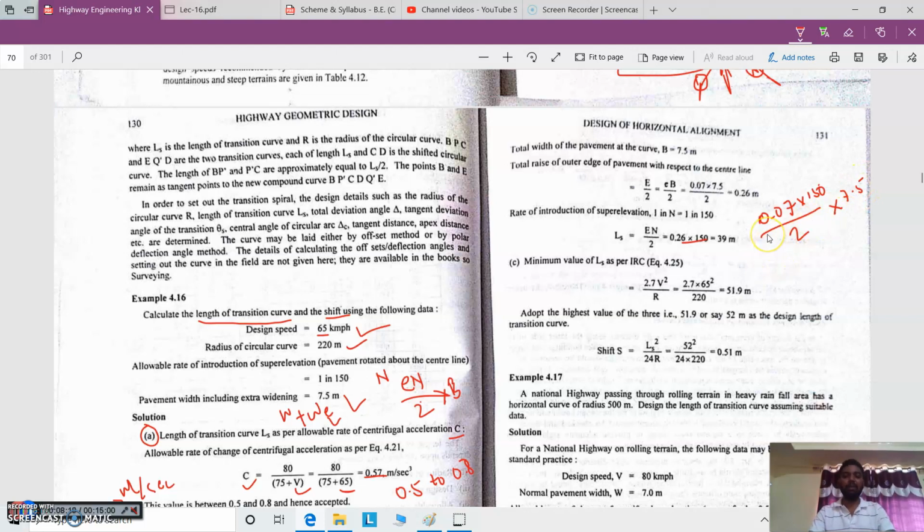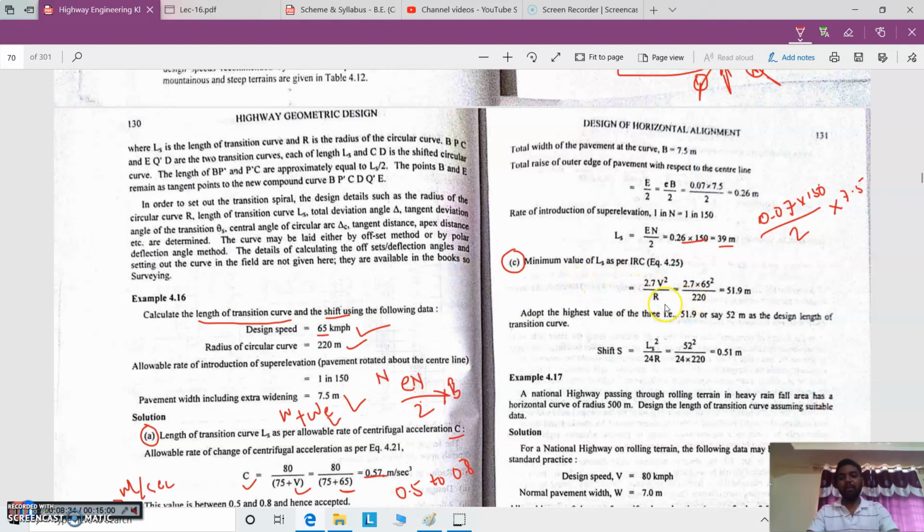When the center pavement is rotated about the center line, you will be getting the value of 39 meters. And again we have the third condition, that is the minimum value of Ls, 2.7 V square by R.